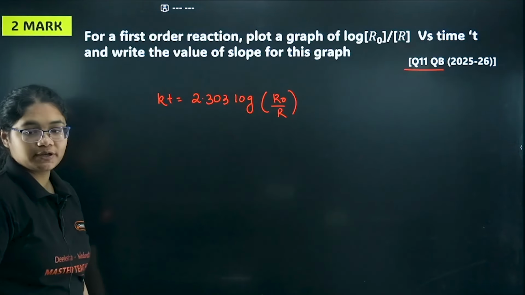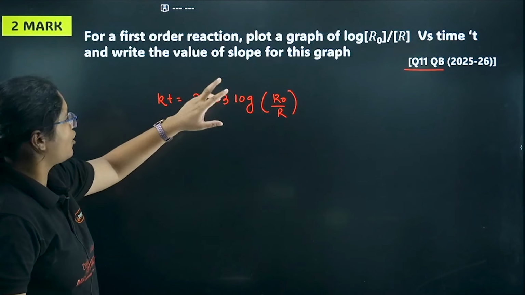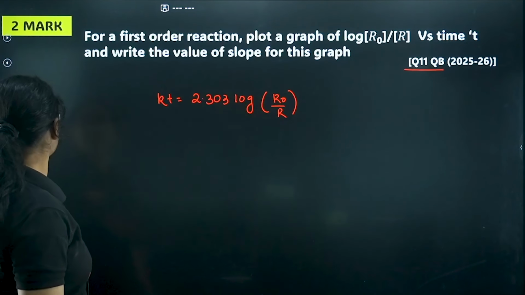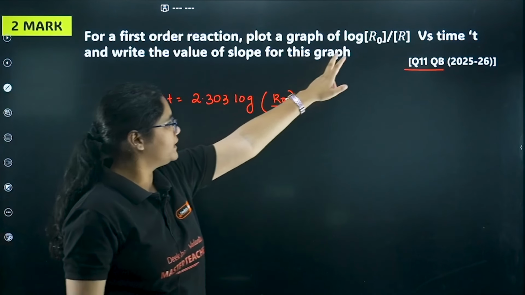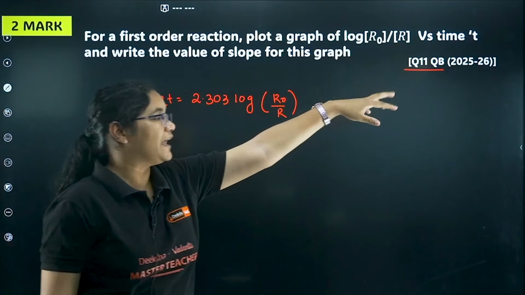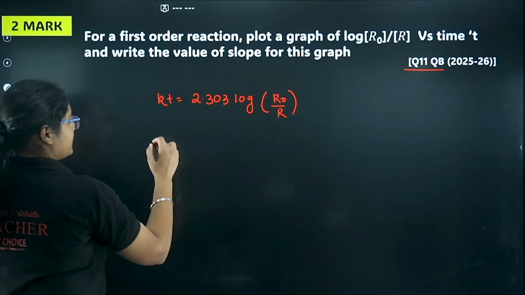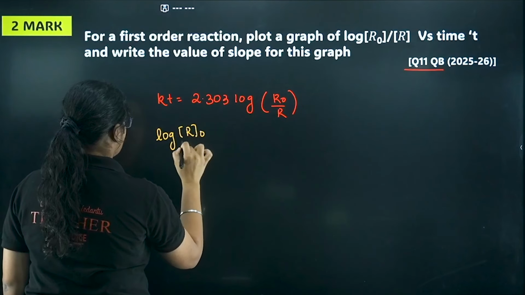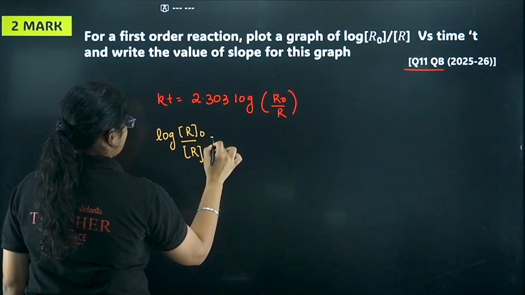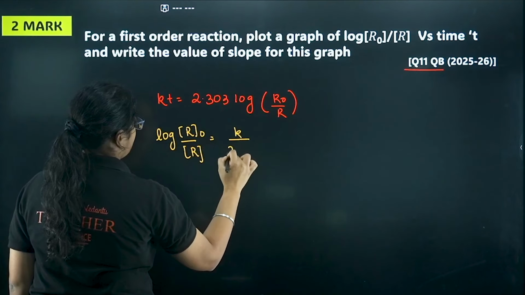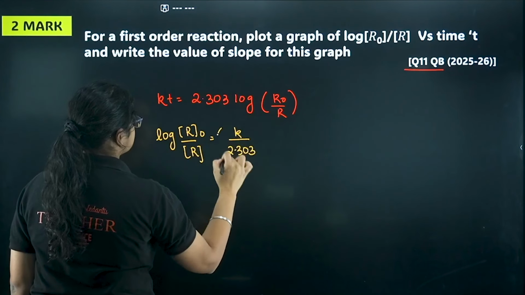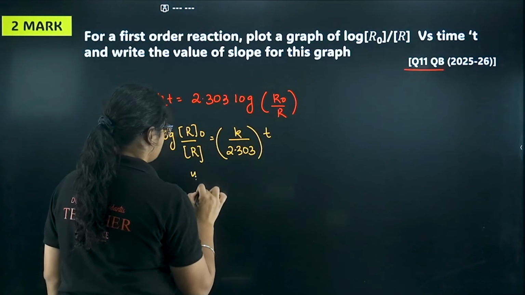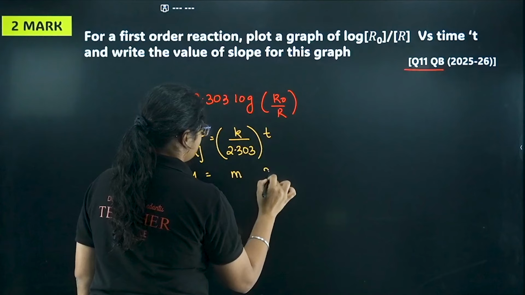This is my equation. Now I have to plot a graph for log versus time. So let's keep log on one side and time on another side. So your y axis should be log r0 by r and x axis has to be t. So I can write this equation like this: log r0 by r is equal to k by 2.303 into time. Okay, so now we have y is equal to m into x.